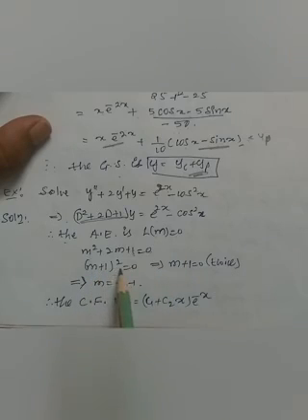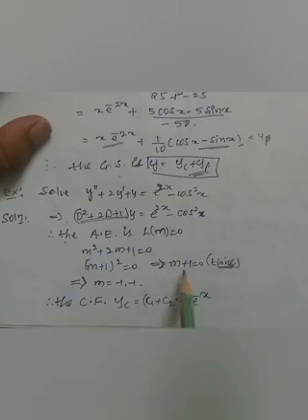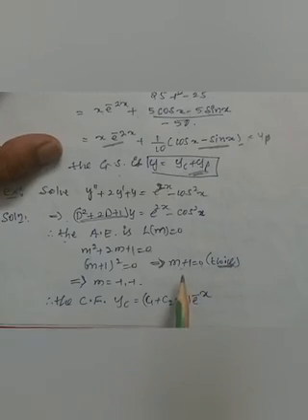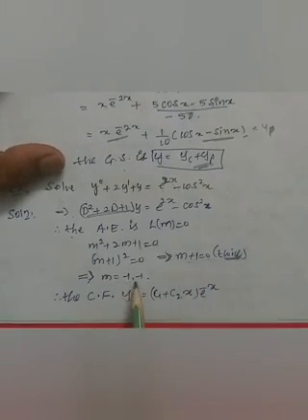So this becomes (m plus 1) into (m plus 1) is equal to 0, or m plus 1 is equal to 0 twice. Making this equal to 0, you get m is equal to minus 1. The two roots are real and equal.